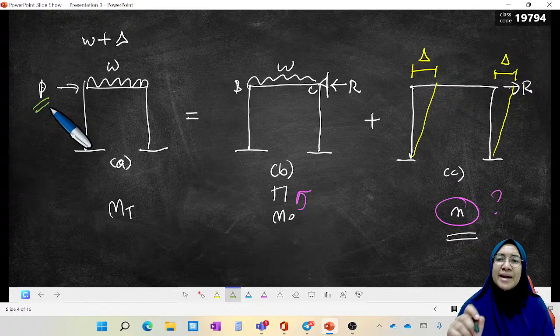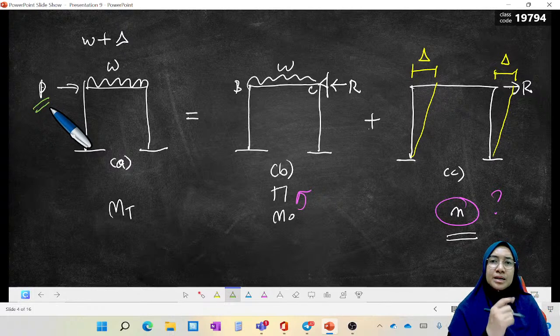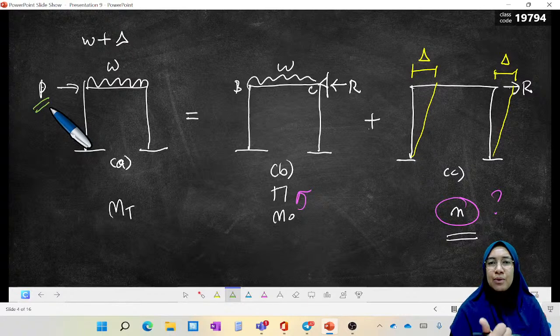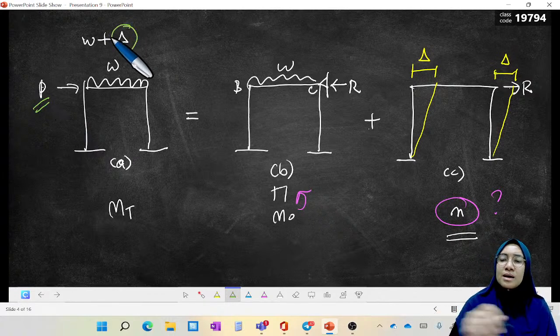By understanding that this is a sidesway frame, we can see that there is a W. So in diagram A, there are W and delta in one diagram. But we cannot analyze it directly because delta is unknown.